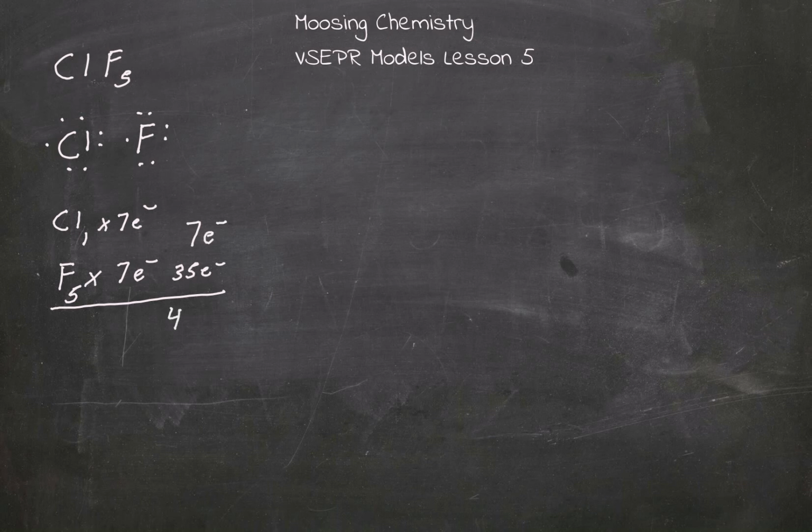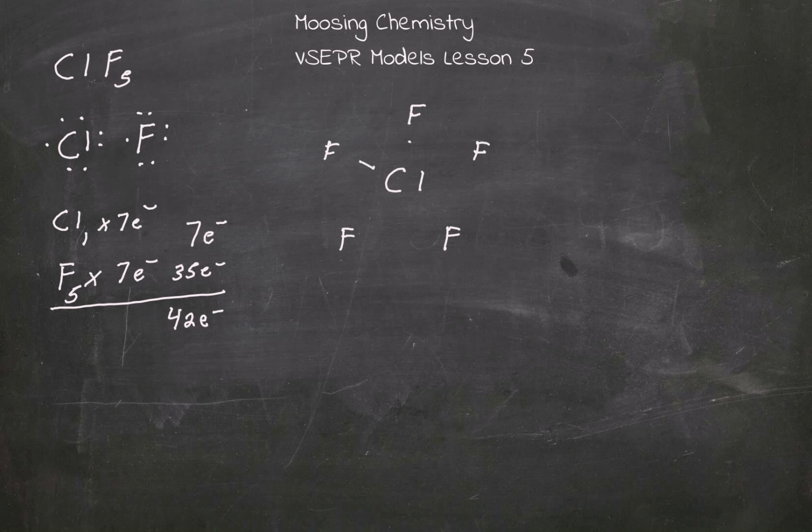Anyway, so let's go on to, here we get a total of 42 valence electrons. Now we're going to set up our Cl, and I'm going to put 5 F's around here. So I'm going to put an F here, an F there, an F there, an F there, and an F there. So now we're going to count out 48 valence electrons. That doesn't look like a good F. Let's make that better. There we go.